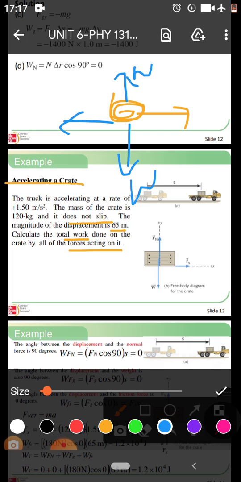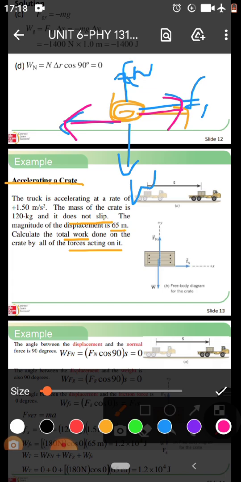Friction is pulling it this direction, so it's Fs, the force due to friction, and here would be the force due to the normal, and we'll have the weight. Mind that this truck wants to move this direction, that's why we have friction going this direction.